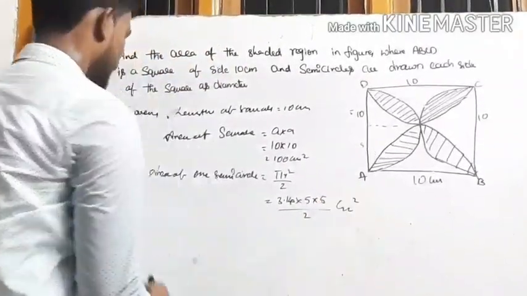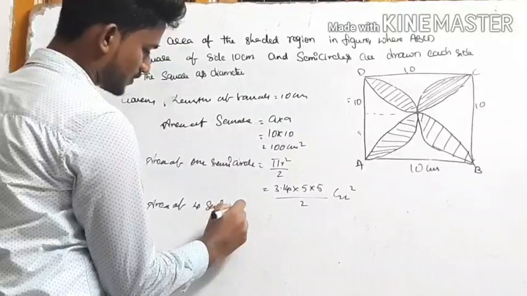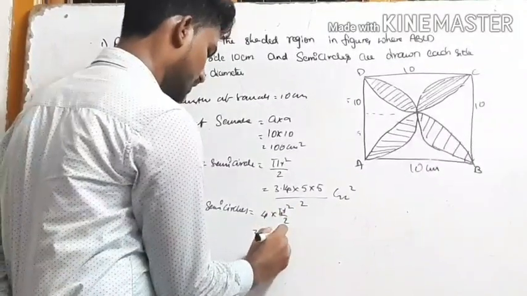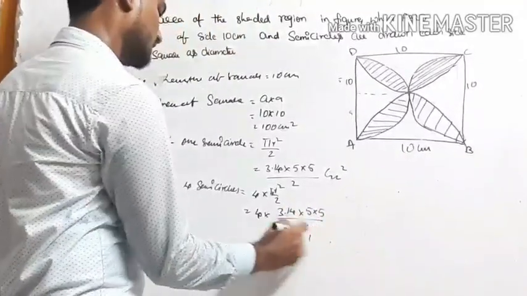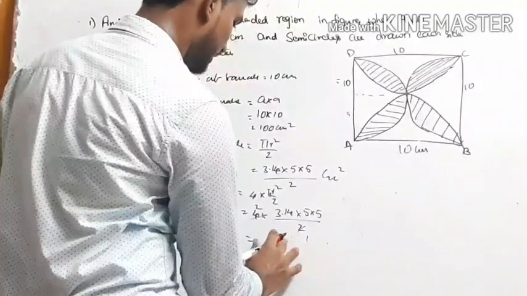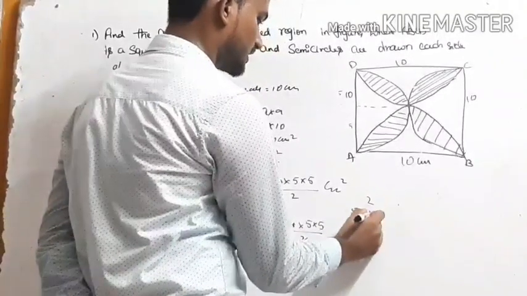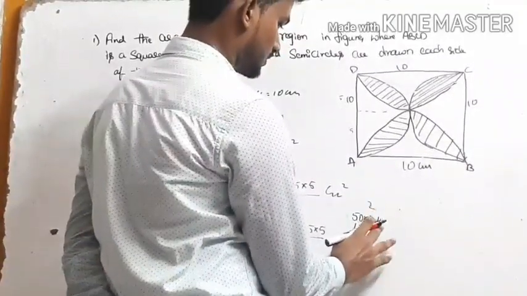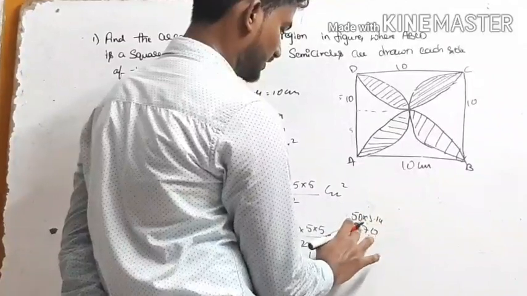This is centimeter square. Then the area of 4 semicircles equals 4 into pi r square by 2, which is 4 into 3.14 into 5 into 5 by 2. 2 ones are 2, 2 twos are 4. 5 fives are 25, 25 into 2 is 50. 50 into 3.14: 5 fours are 20, 5 ones are 5, 5 threes are 15.